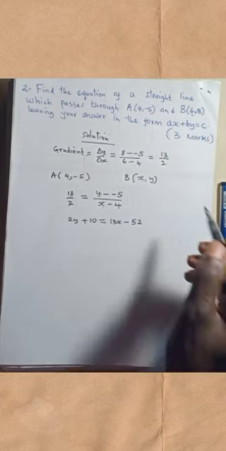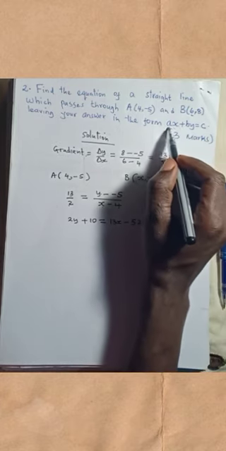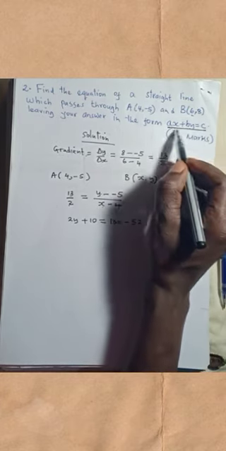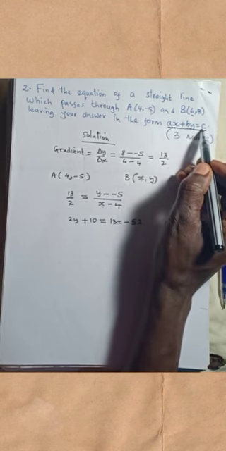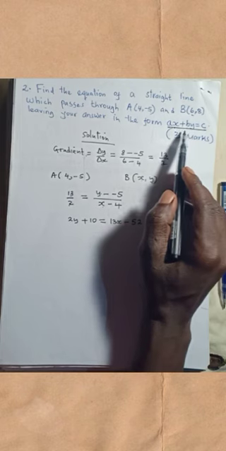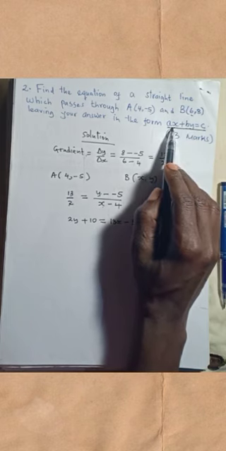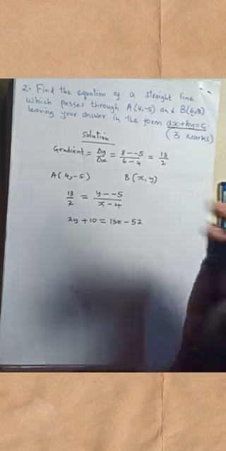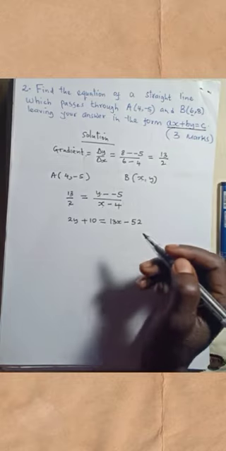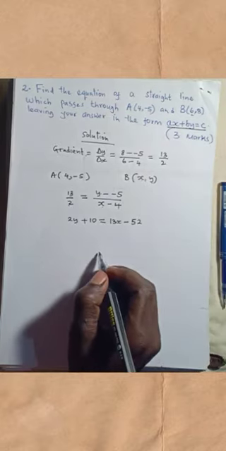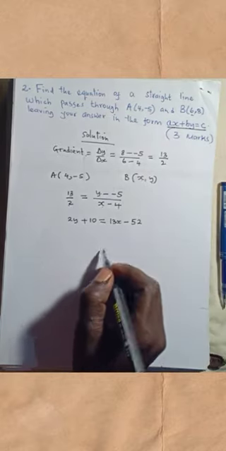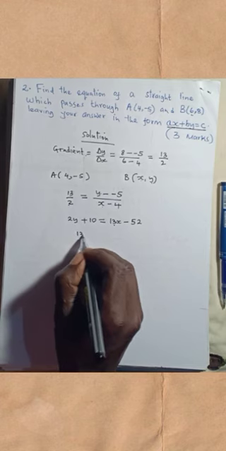Remember, we have been asked to write the equation in the form of ax plus by is equal to c. Which means we shall start with the term with x, then followed by the term with y, then on the right hand side of the equation, we shall have the constant term. So in this case, I may decide to remain with the 13 on this other side, so that I will write 13x.